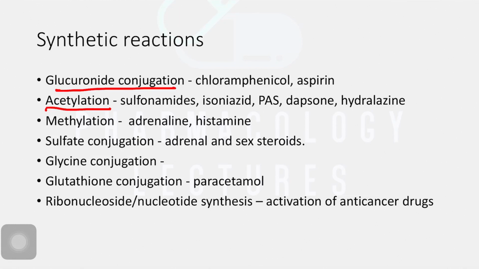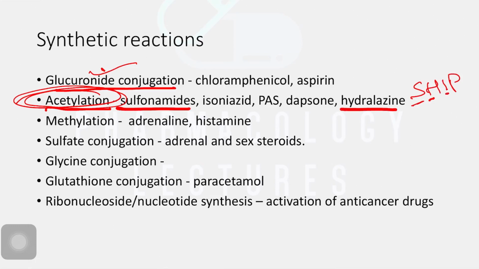Like glucuronide conjugation is the most important reaction, and most of the drugs undergo glucuronide conjugation. But short questions can be asked from these acetylation reactions. Which drugs undergo acetylation? And you can remember as SHIP. S for sulfonamide, H for hydralazine, I for isoniazid, and P for PAS, that is being used in tuberculosis.